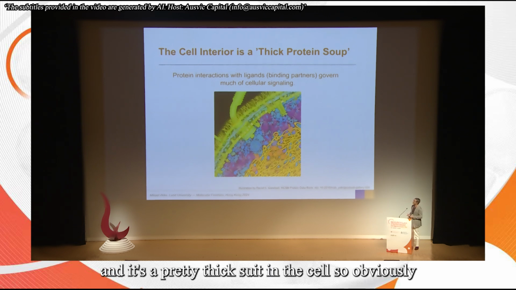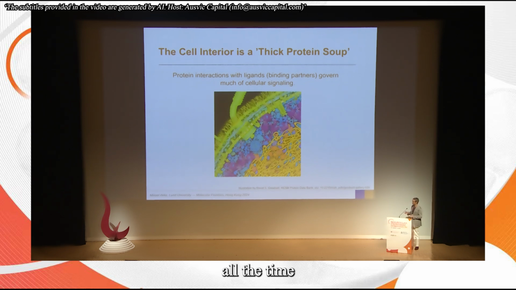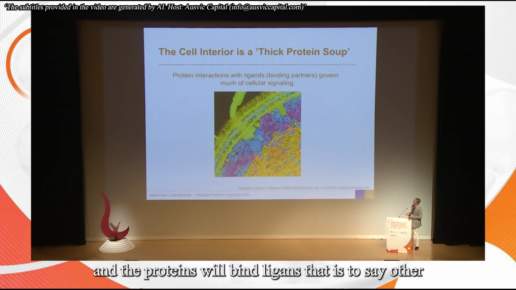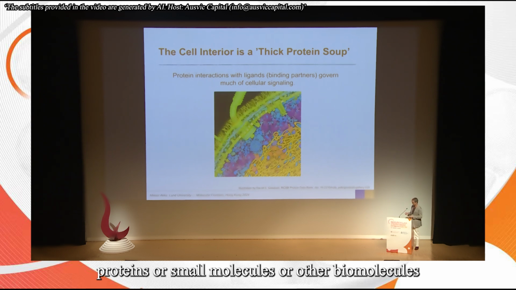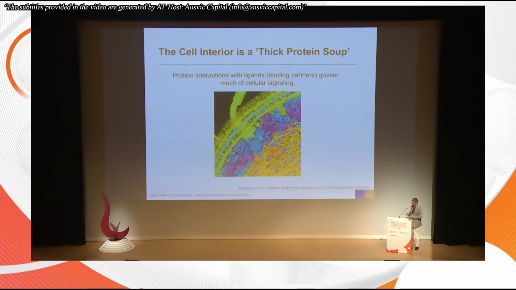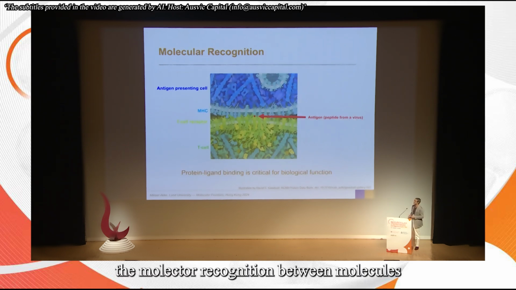And it's a pretty thick soup in the cell. Obviously, all these molecules interact with one another all the time, and the proteins will bind ligands, that is to say, other proteins or small molecules or other biomolecules. And this is key, this binding, the molecular recognition between molecules.